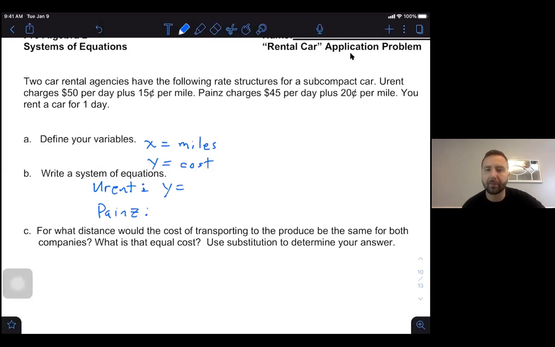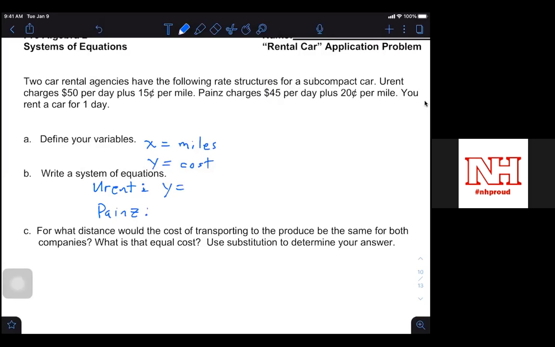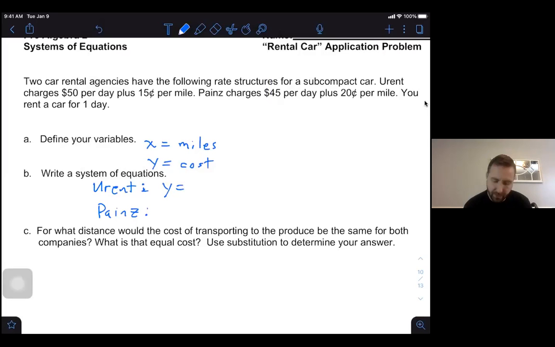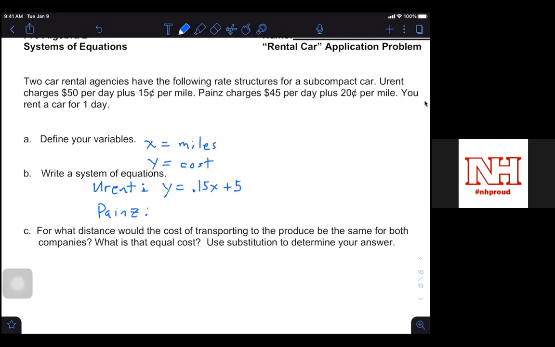Michael, what would our cost be for Urant? It'd be Y equals 50x plus 0.15. Yeah, good. So your 0.15, that's your 15 cents per mile, plus your daily cost of $50.